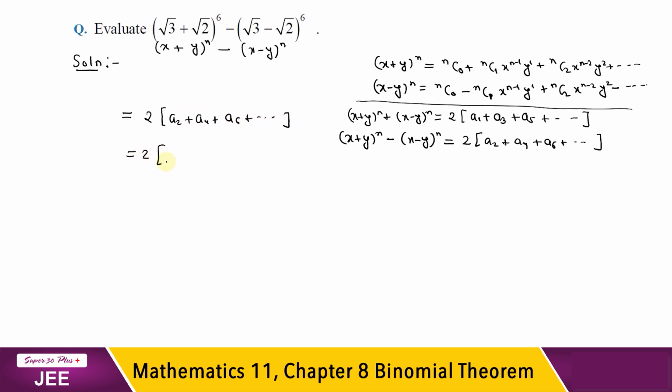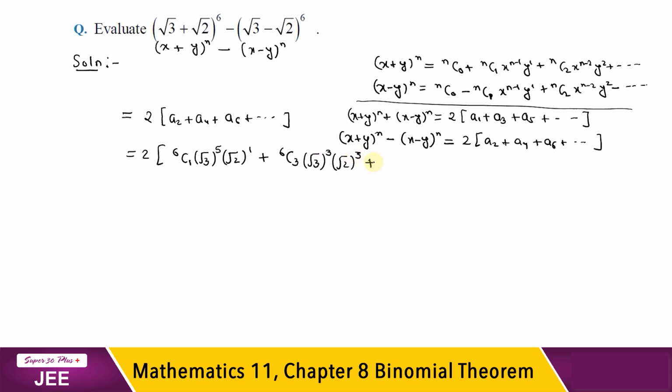So 2 times a2. What is going to be the second term in this binomial expansion? It is going to be 6c1 root 3 raised to the power 5 and root 2 raised to the power 1. Next, the fourth term: 6c3 root 3 to the power 3 and root 2 to the power 3.